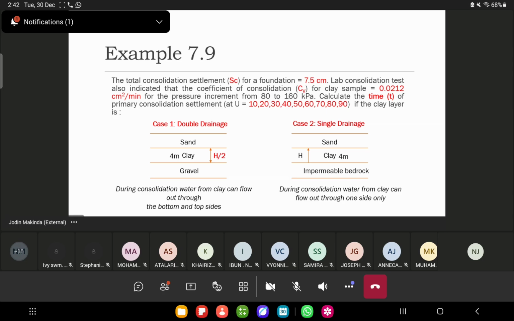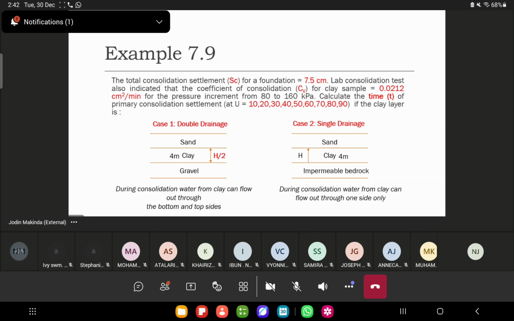Remember, consolidation means water flows out. When the construction happens, the water from the clay will flow out either to the top because sand is permeable, or to the bottom because gravel is permeable.